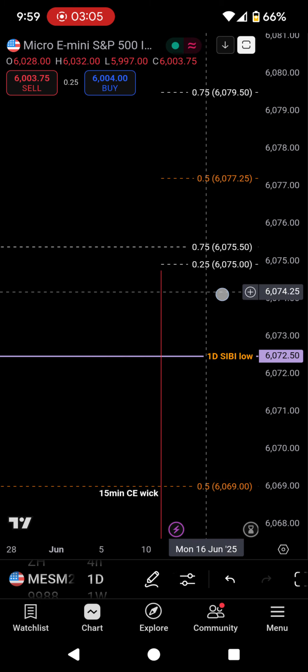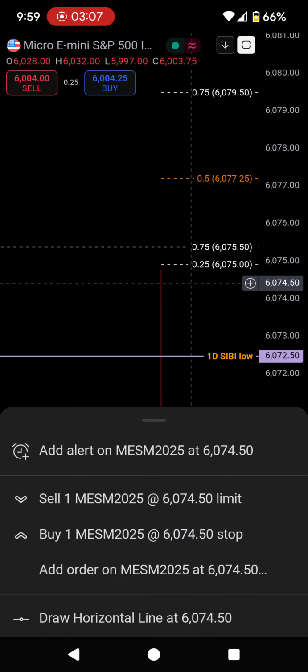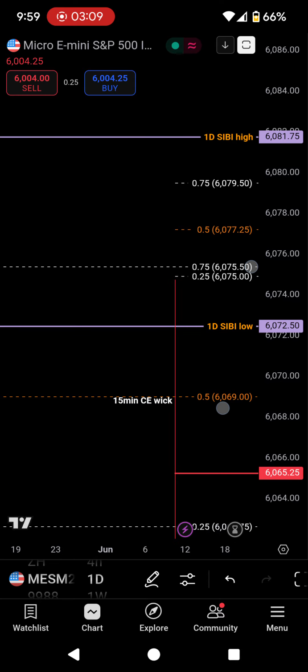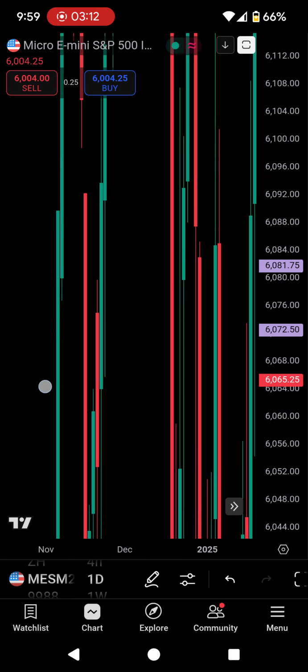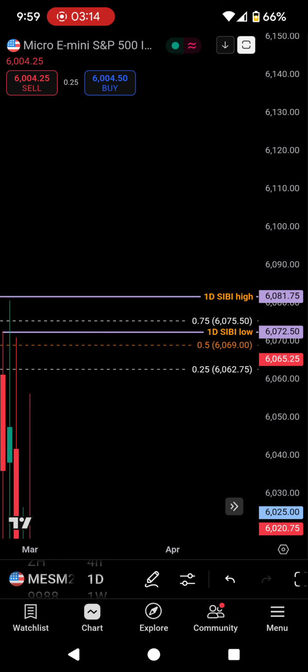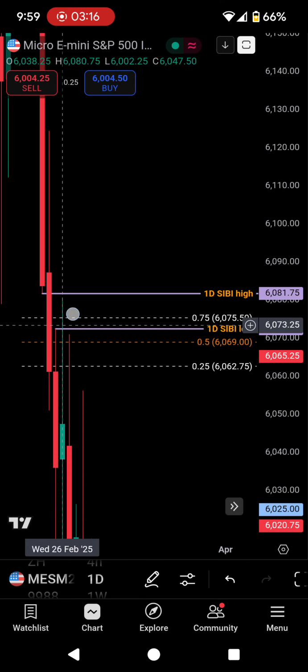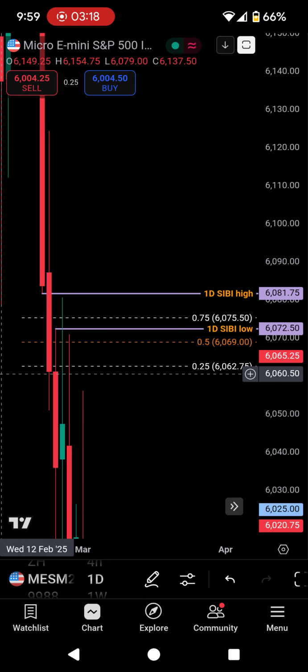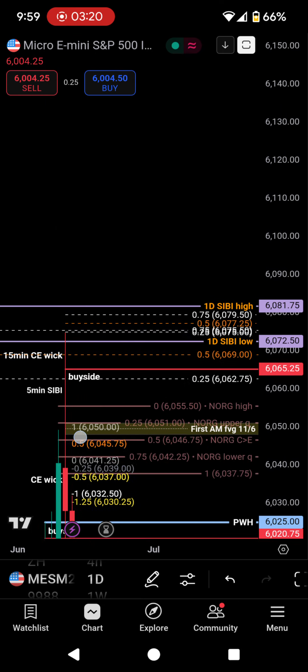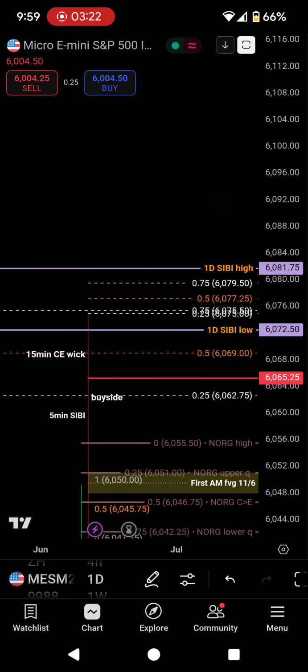On the daily chart, you can see this is the lower quadrant of the daily CB. So there's an old daily CB right here, and this is the weekly CB. You can see I drew the quadrants at the daily CB.